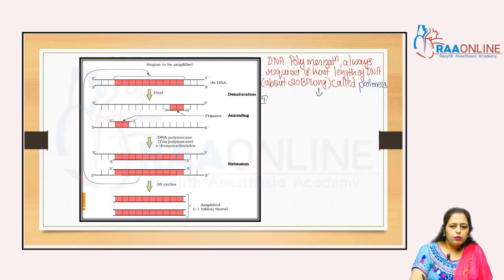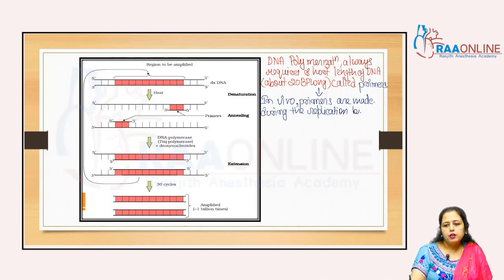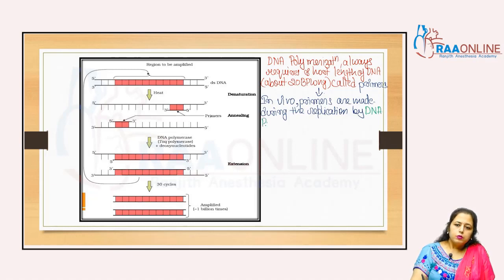In vivo, that means inside the body when it's natural, the primers are made during the replication by the DNA polymerase.